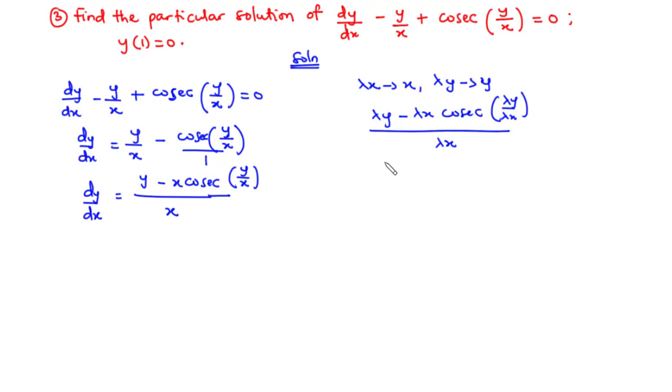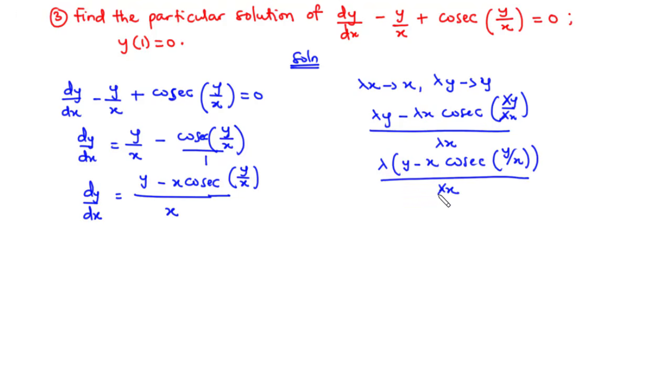So here we have lambda y and lambda x, so we can factor out lambda, so that becomes lambda into bracket y minus x times cosec of y over x, okay, all divided by lambda x.